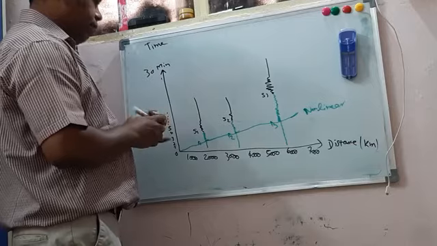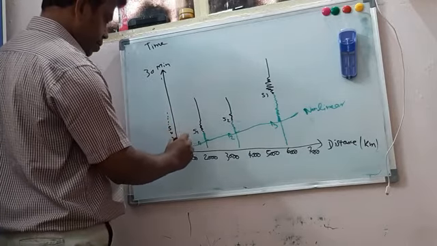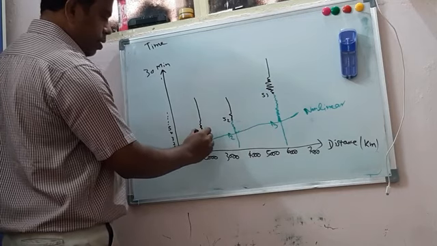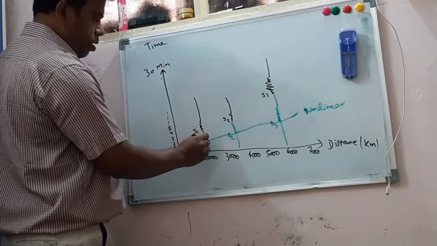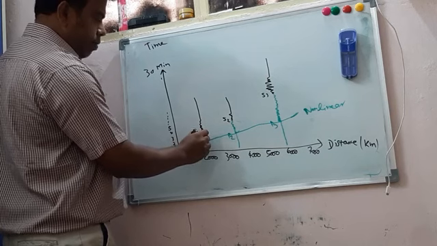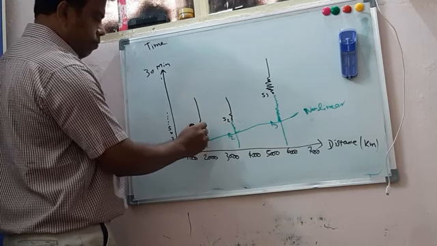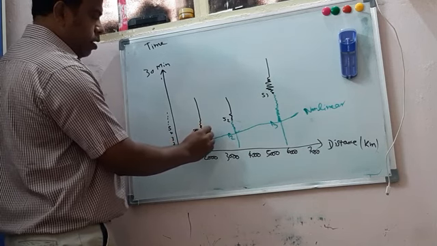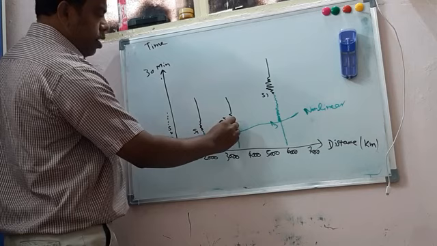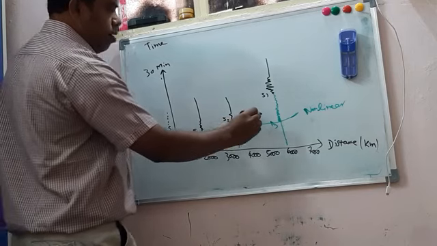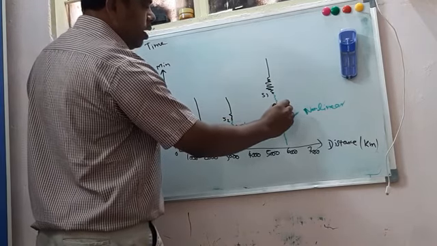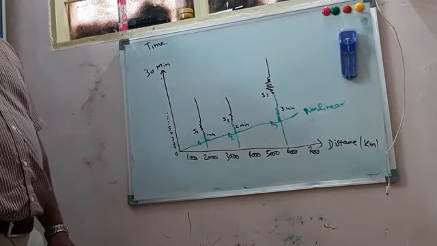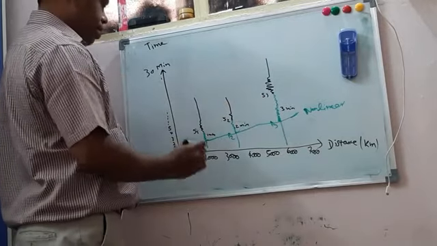In the case of the S wave, it starts from here. It takes 1 minute for the station. The time taken for the S waves to start is about 1 minute, and here 2 minutes it will take. After 3 minutes only, S waves will be recorded at station B.